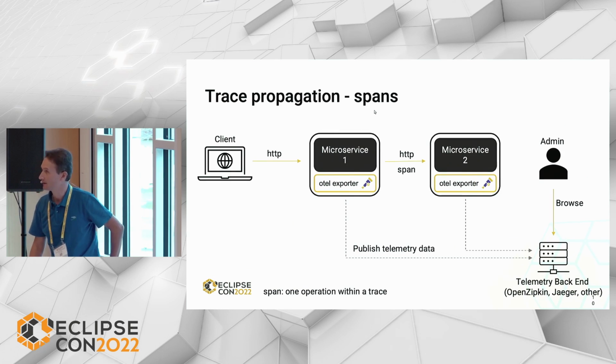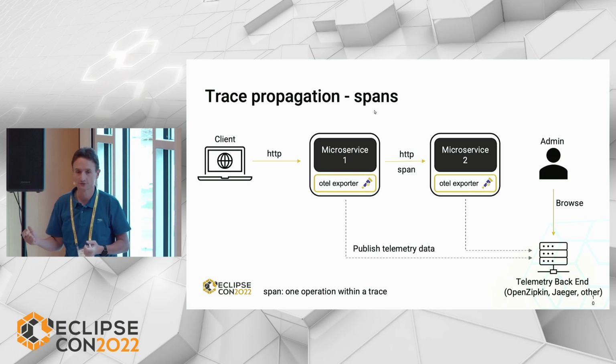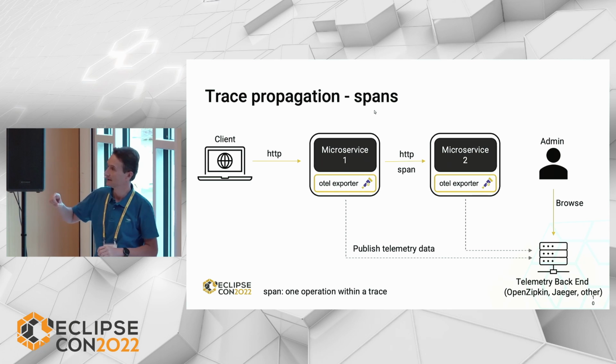And then what happens if the application is a microservices application? In that case, wouldn't it be great if this telemetry data was not limited to what's happening within one single microservice, but was able to correlate invocations between different microservices?